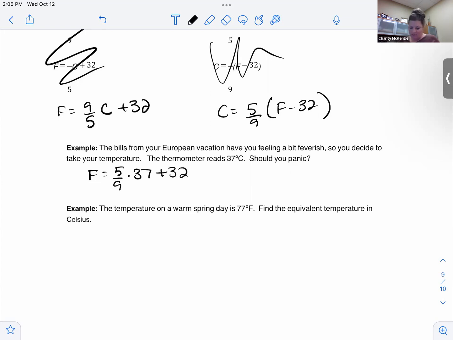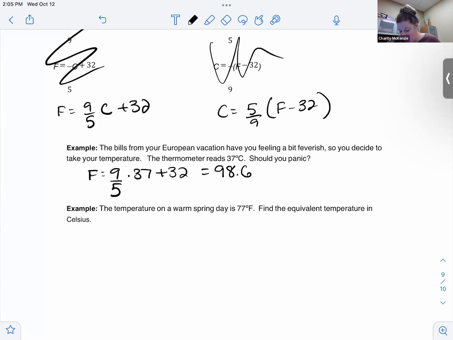What did I get? Oh, because it's 9/5. I wrote down 5/9, the one for the other formula. So 9/5 times 37, and then add 32, is 98.6.